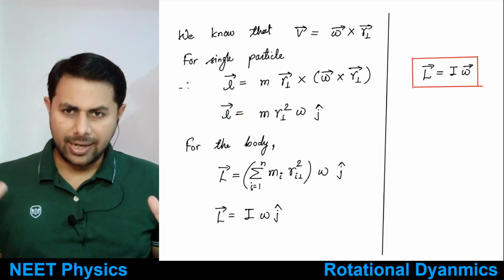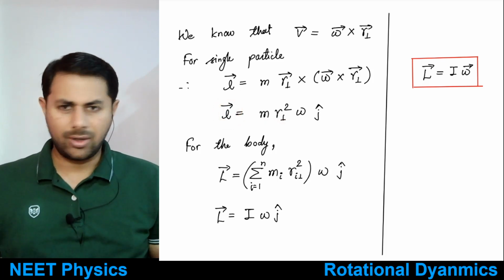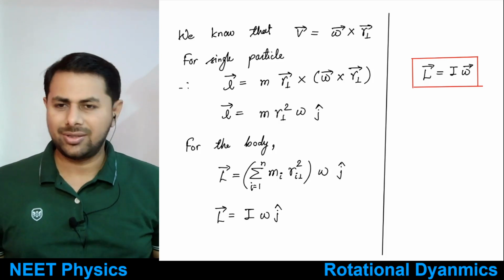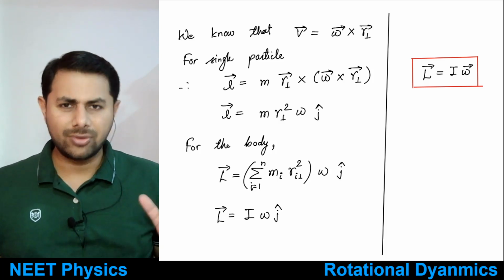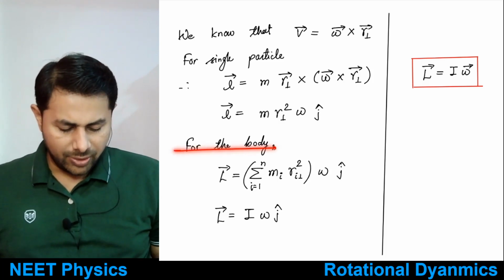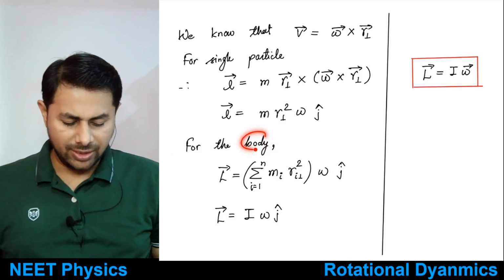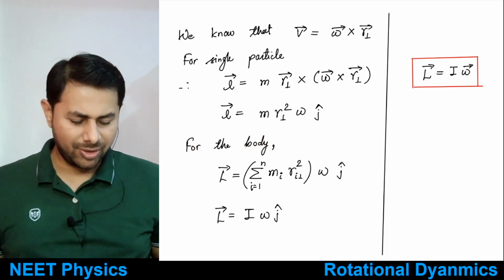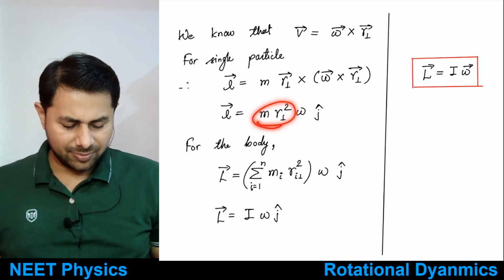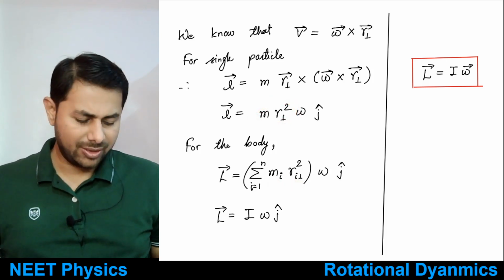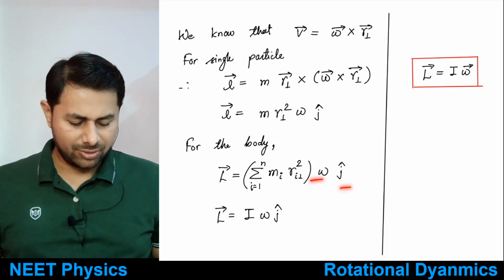Then if you add it up for all particles within the body, then you get the angular momentum of the total body. Okay, complete body. So for a body, but which body? Symmetric body, I should say. The total angular momentum is equal to what? Summation of mi ri perpendicular square multiplied by omega into j cap.